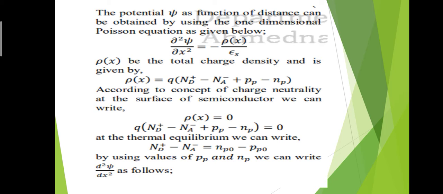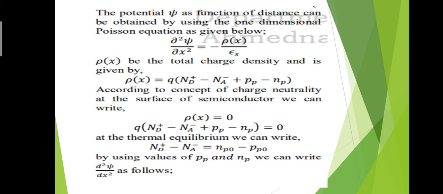This is the expression for the total charge density. But at equilibrium there are again equal numbers of holes and electrons and also their corresponding donor and acceptor concentrations. So Nd plus minus Na minus is equal to Np0 minus Pp0.